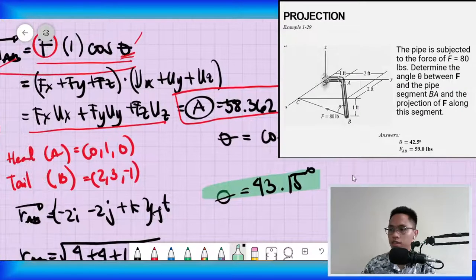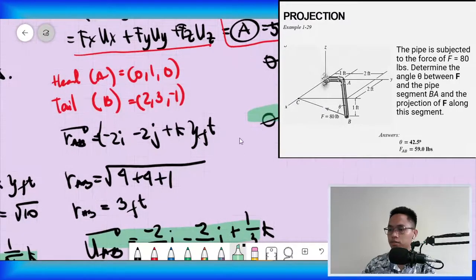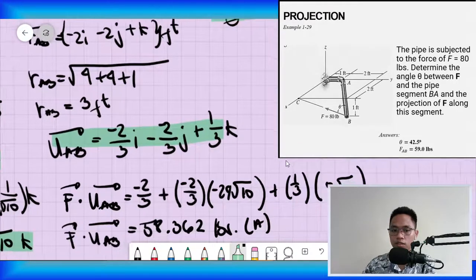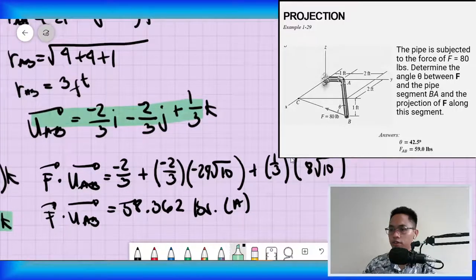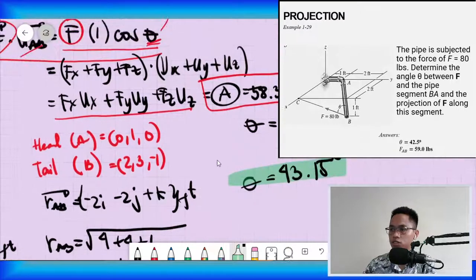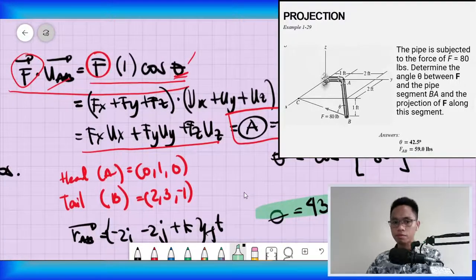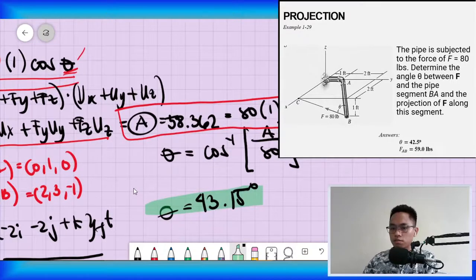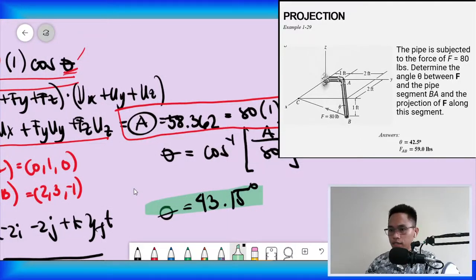Then what is our FAB? The magnitude of the force AB. I don't know where the problem is here, but anyway, the process is correct.